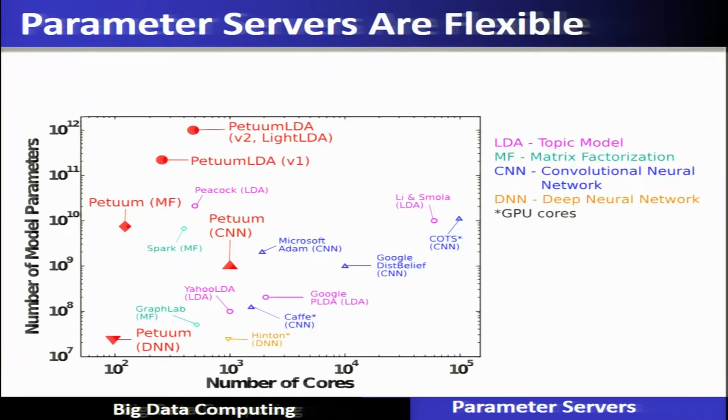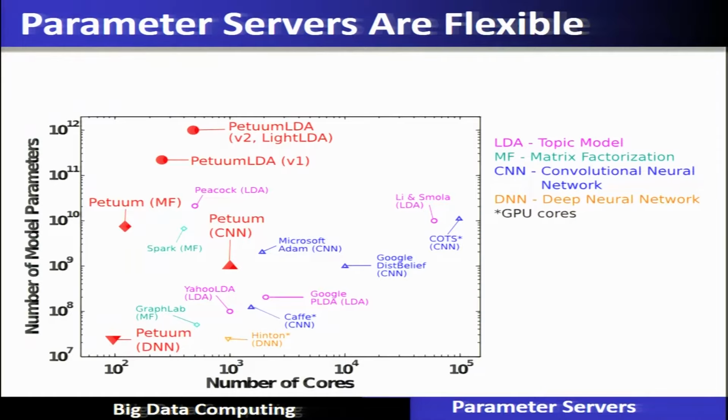Parameter servers are flexible, and the number of model parameters being supported is quite large. The number of cores supporting the parameter server is shown for different machine learning landscapes.